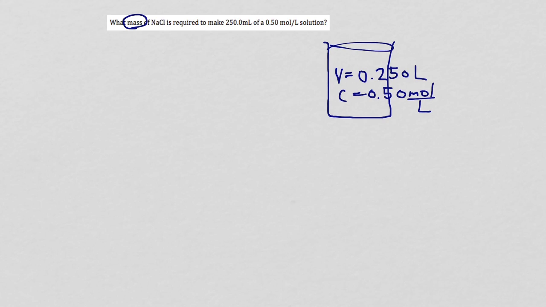So, in order to calculate mass, we need moles. That means our first step is to calculate moles. If we look at that equation again, we can isolate for moles.